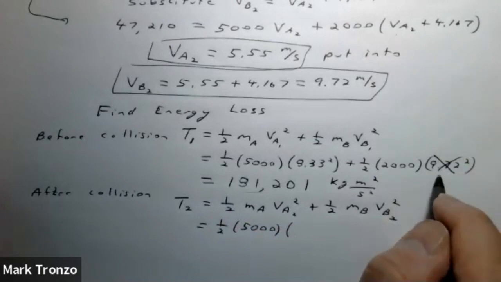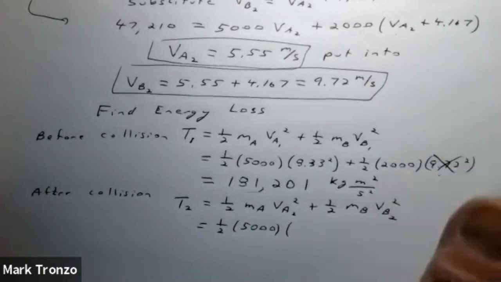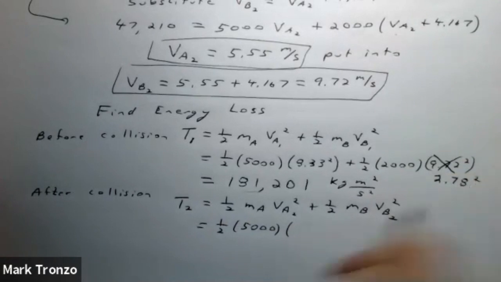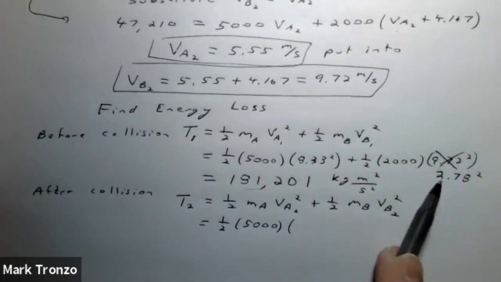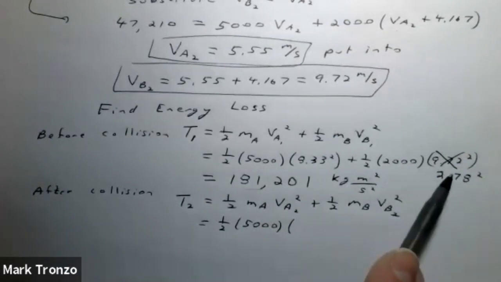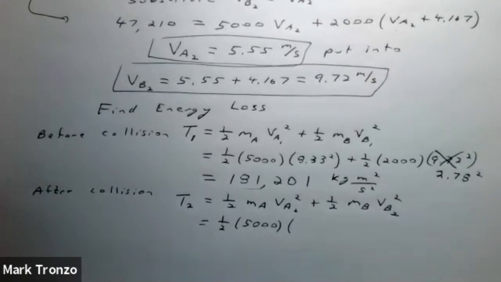This 9.72 should have been 2.78. I'm sorry, that was before impact. 2.78 squared, fix that right there. This number is correct because when I calculated, I used the correct number.